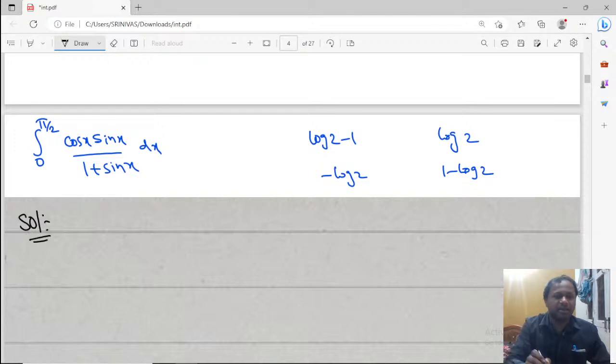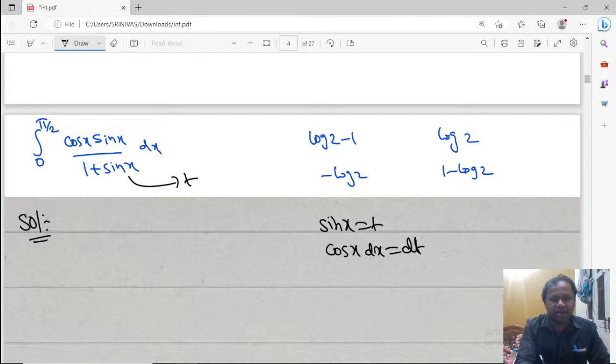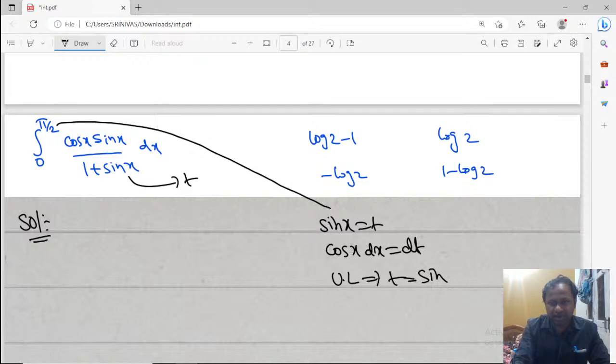Solution. Here also I will take sin x is equal to t. Okay. So sin x is equal to t. Sin x differentiation cos x dx is equal to dt. Now upper limit, pi by 2, substitute here. Upper limit, what we get, t is equal to sin pi by 2 will be 1.